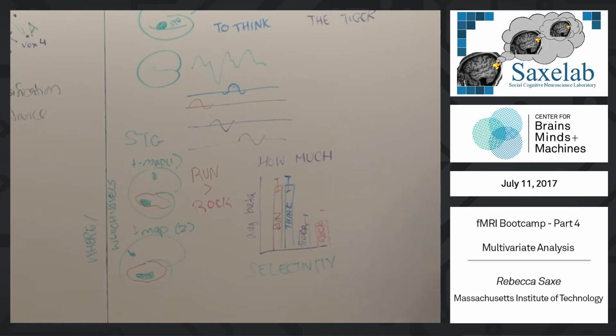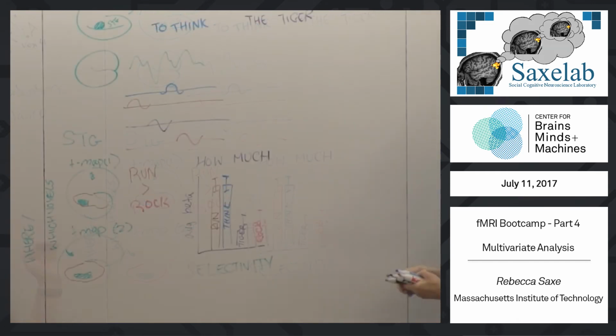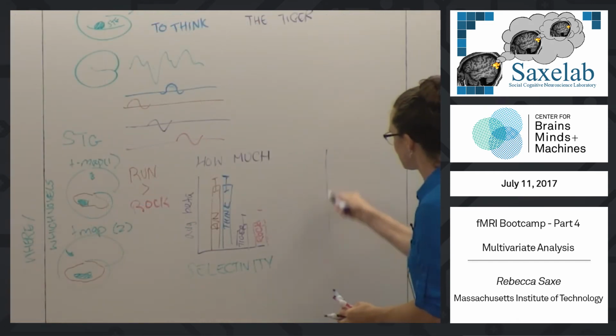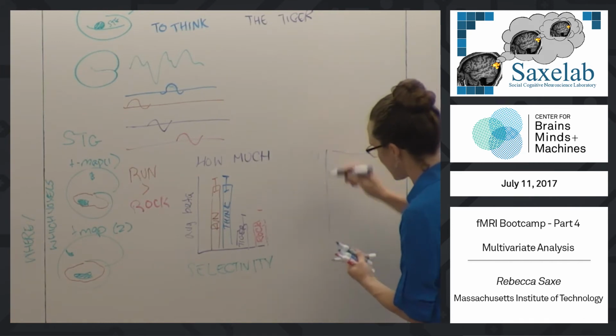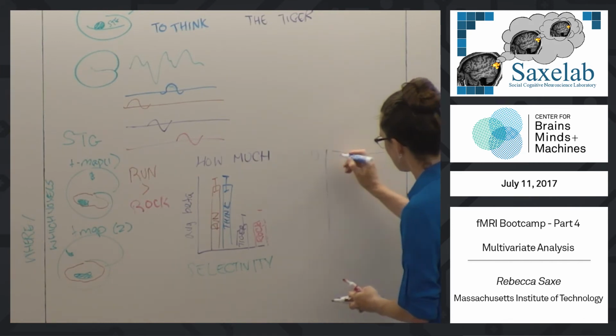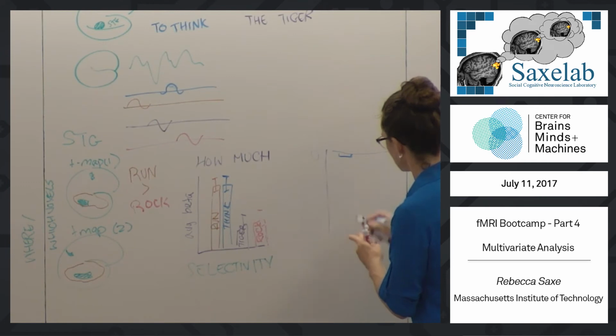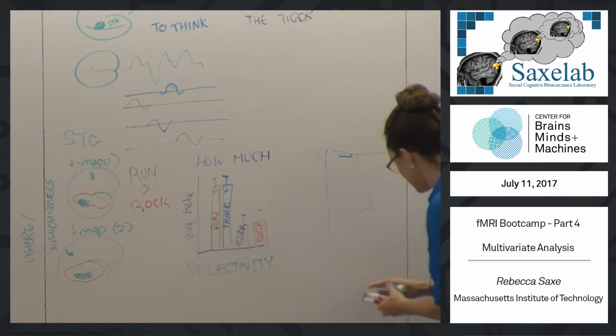But yeah, there are definitely debates about if this is positive, is that theoretically profound or not? And again, there's a lot of assumptions there about what's rest, what's zero. Regions might deactivate. What if you found that rest was in the middle between your active condition and your control condition? When you see a brain region that does this, so that's if this is rest, and it deactivates a little bit for one condition and a lot for the other condition.